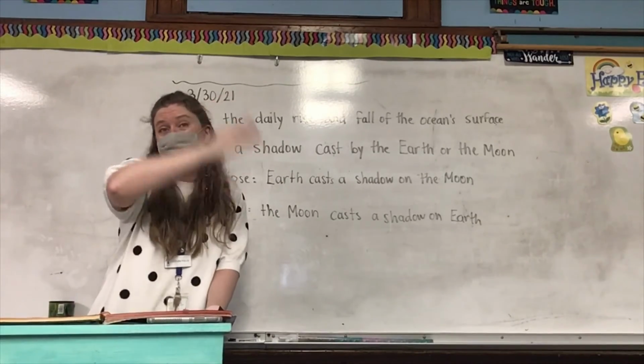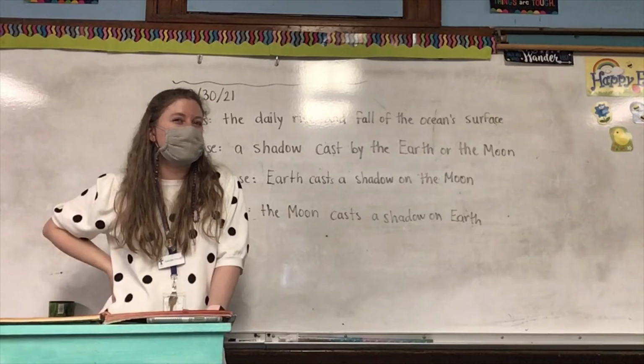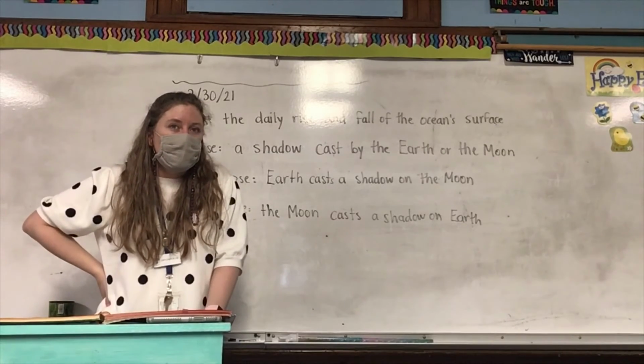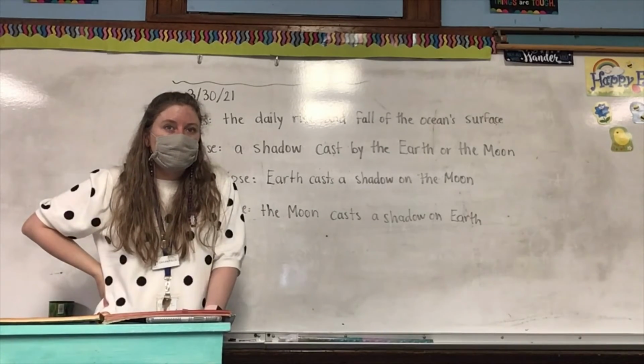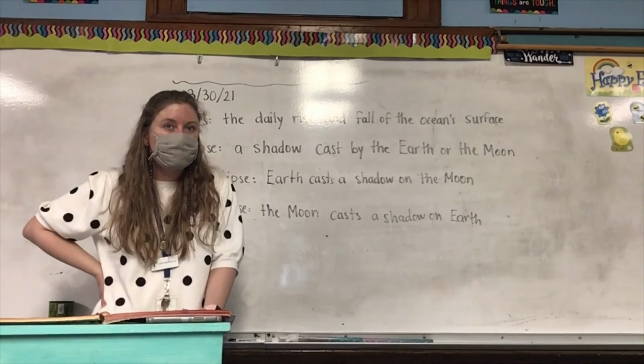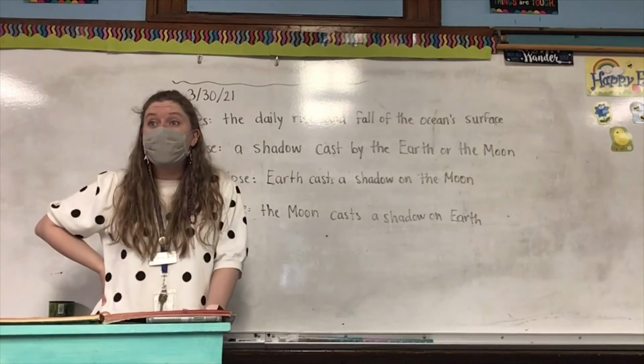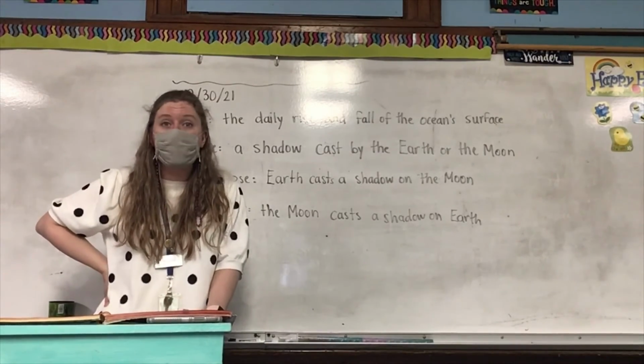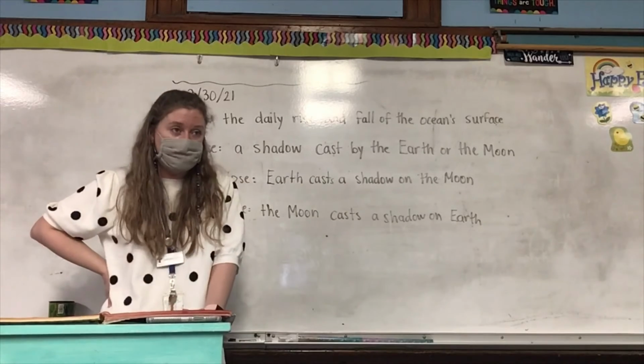It can't be one of them does this, one of them does that, because that'll be differences. They're alike because they both have... They're both eclipses and they both cast a shadow. So they both cast shadows. In both of them, there is a shadow being cast.